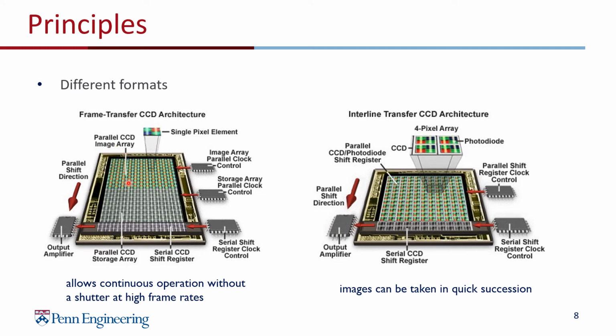So this allows for continuous operation without a shutter. The second one is called interline transfer CCD architecture, and there are alternating strips that allow a rapid shifting of any accumulated charge as soon as the exposure is complete.